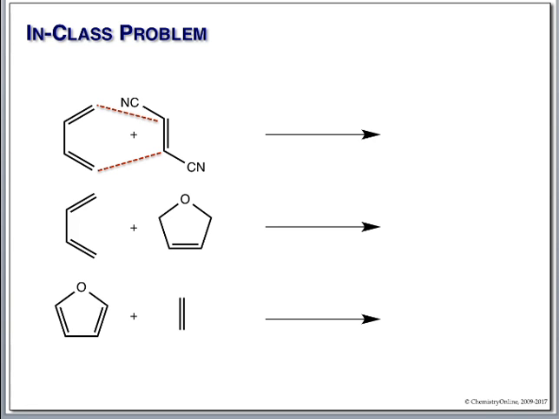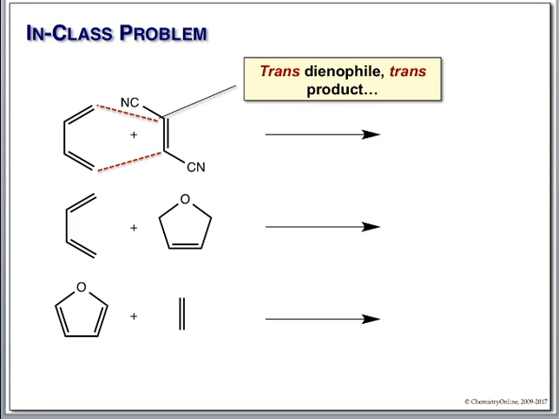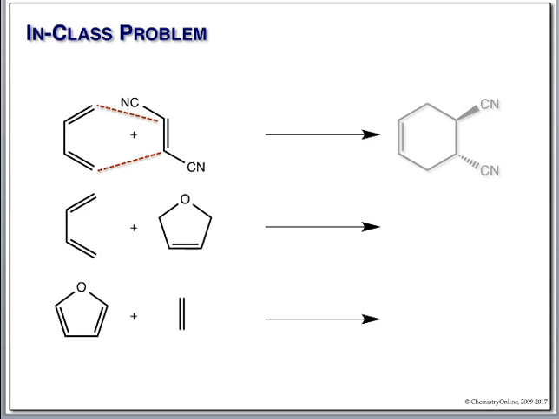So if we start with a trans dienophile in our 6-membered ring, we will have trans cyano groups. If it was cis, we would have cis groups. Simplest way to draw this, trans-dienophile, trans product, okay? So we're gonna form our six-membered ring this way. Our double bond is gonna be here. And it's gonna look like this.